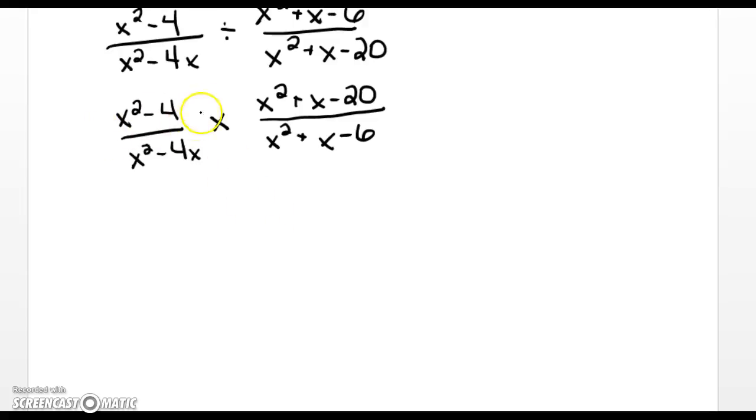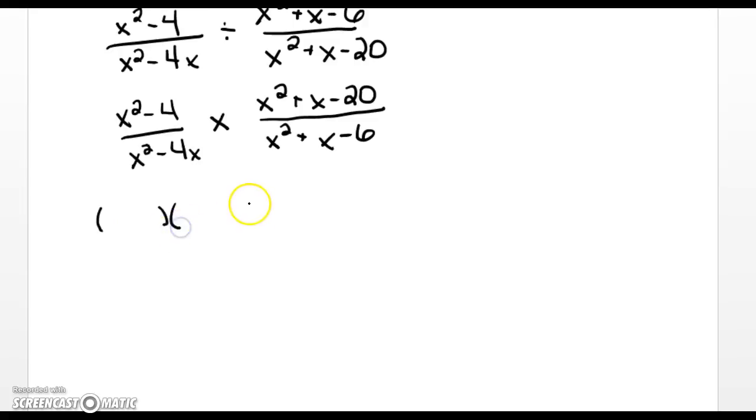So let's first start with this numerator in our first fraction. So here we have x squared minus 4. So to break that down to the factors, remember when there's only 2 terms, you either A, look for pulling out a common factor, or B, using a difference of squares. So here we don't have any common factors, and x squared and 4 are both perfect squares, and they're being subtracted. So this means that we're dealing with a difference of squares.